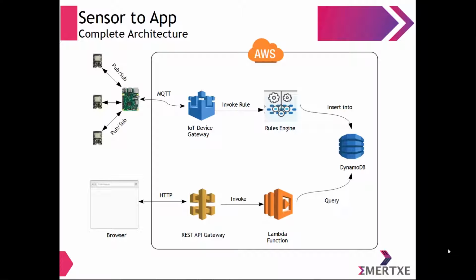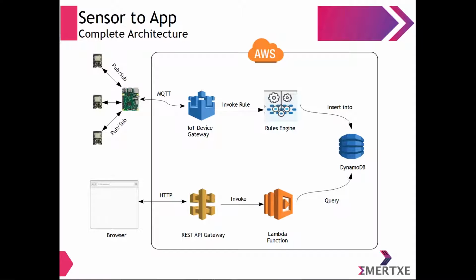This function can be implemented using JavaScript, Python, and Java programming languages. In our case, we are going to use a Node.js based application, written using JavaScript, to query the information available inside the DynamoDB database. This information, which is fetched from the database, will be returned to the client application, again using HTTP protocol.